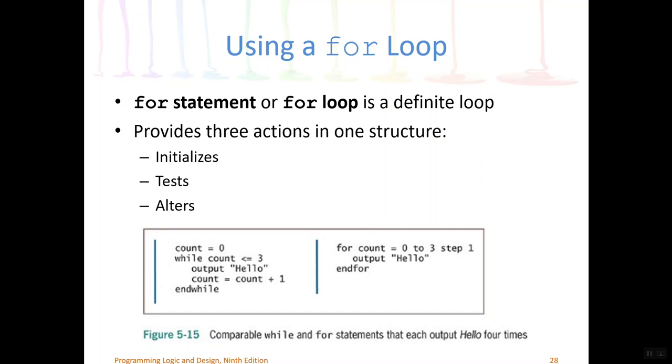Once count becomes 4, this for loop will end. Step 1 indicates the value that should be added to count each time through the loop. So each time through the loop, although we don't see a statement here that says count equals count plus 1, this step 1 is handling that. So essentially inside the loop we can just focus on the key logic that we're trying to accomplish in this loop.